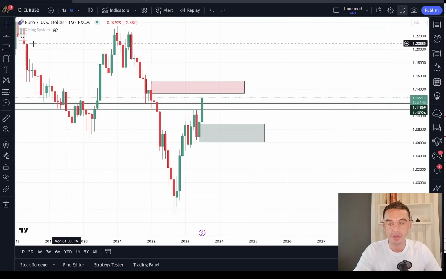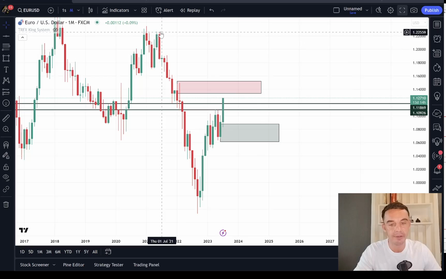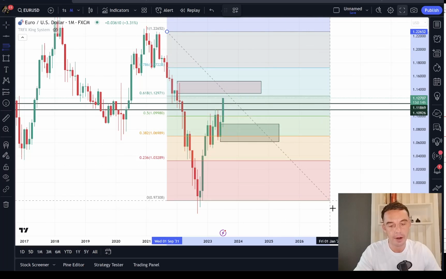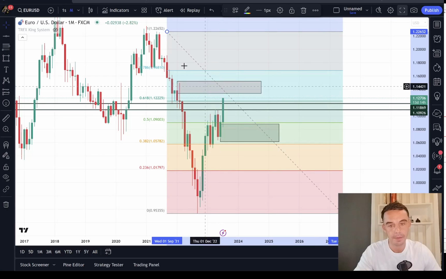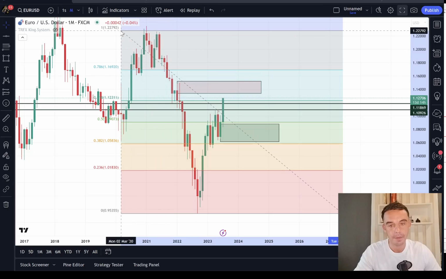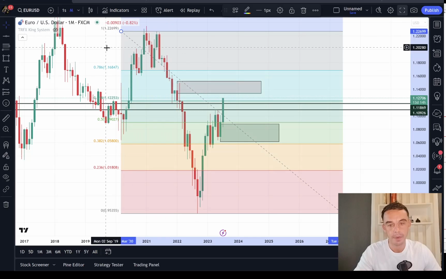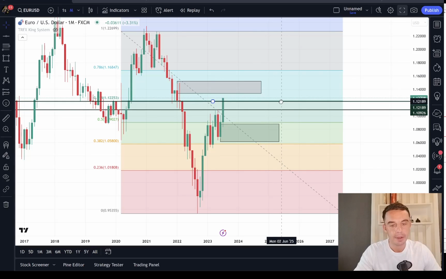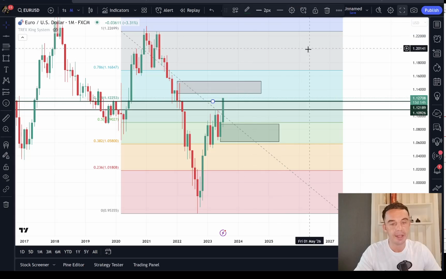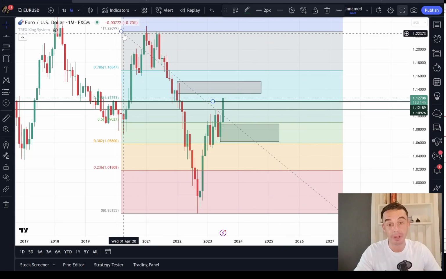Like I said, sometimes it's good to incorporate the Fibonacci after a big move down, and see if that lines up with any areas on the chart. As we can see, where we are now is the 61.8 fib line on this monthly retracement.